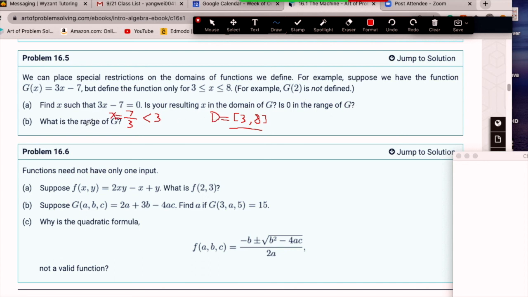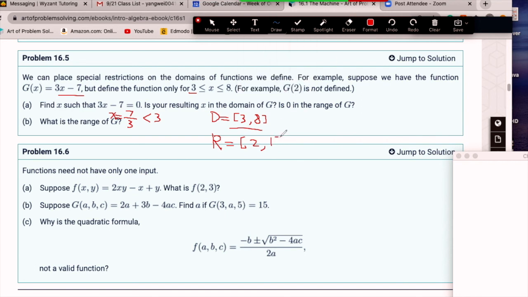Then they ask, what is the range of G? Because this one is a linear function, we just plug in the two boundary points. When x equals 3, 3 times 3 is 9, 9 minus 7 is 2. When x equals 8, 8 times 3 is 24, 24 minus 7 is 17.